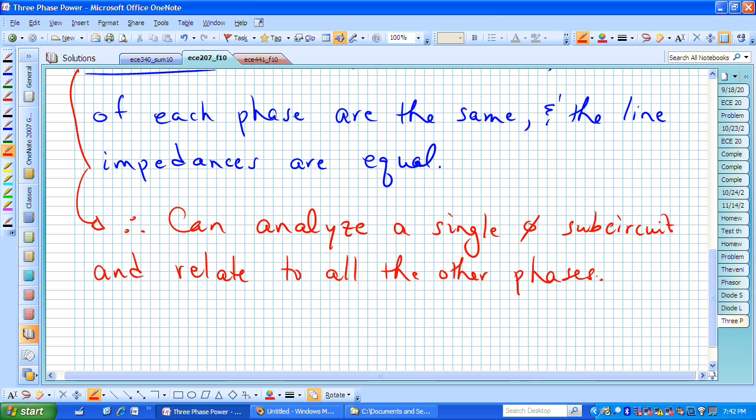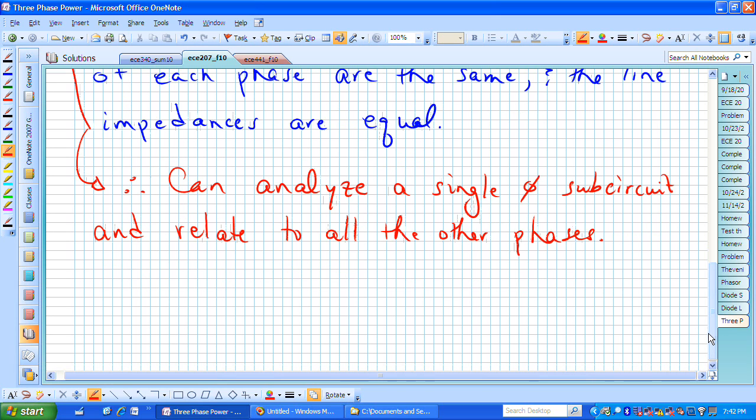And a lot of times it's easier because of the way that people have usually specified the sources. The A phase typically has a 0-degree phase angle associated with it, and for that reason I'm going to concentrate on, or examine, the A phase.